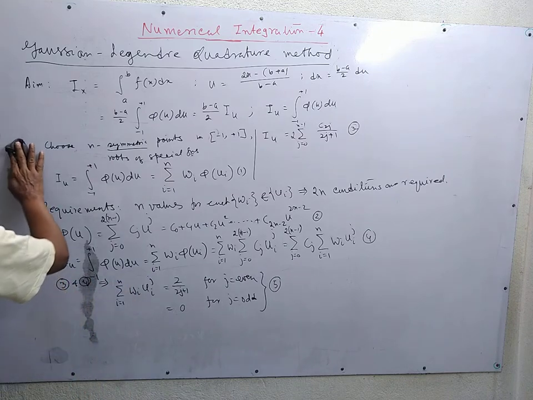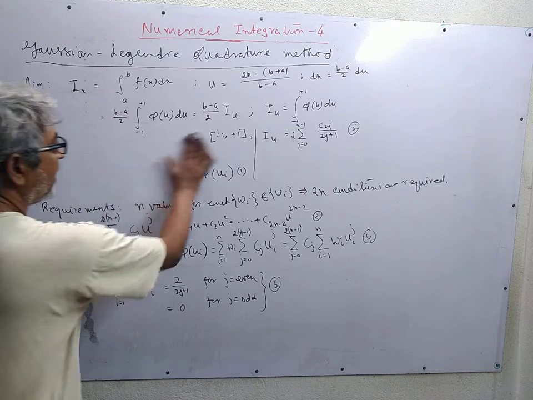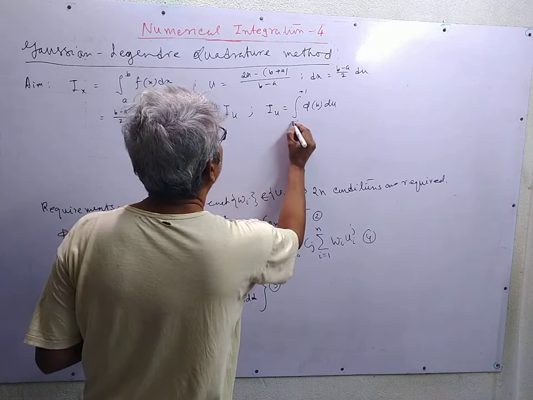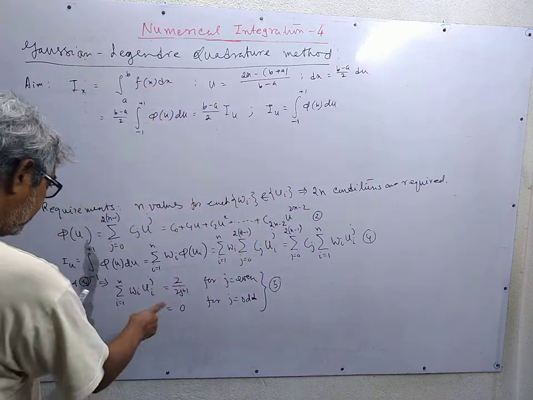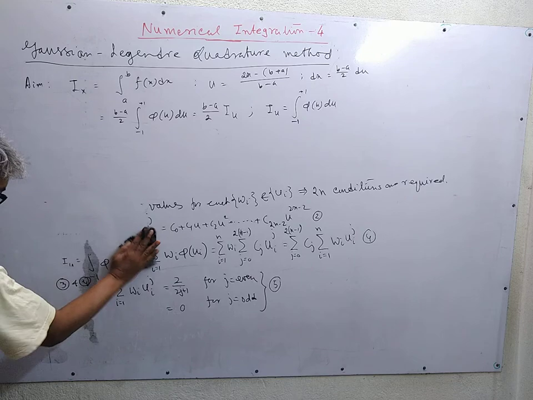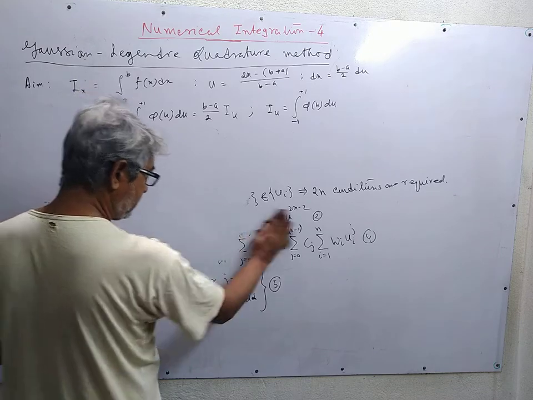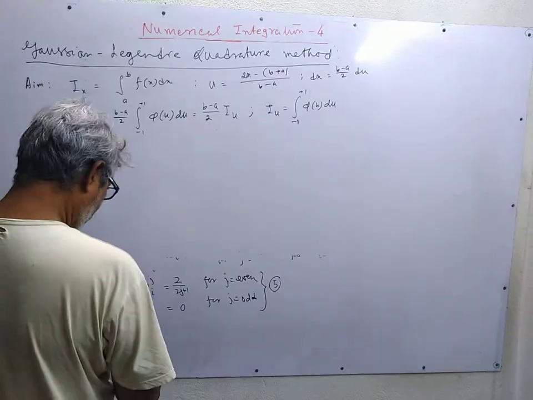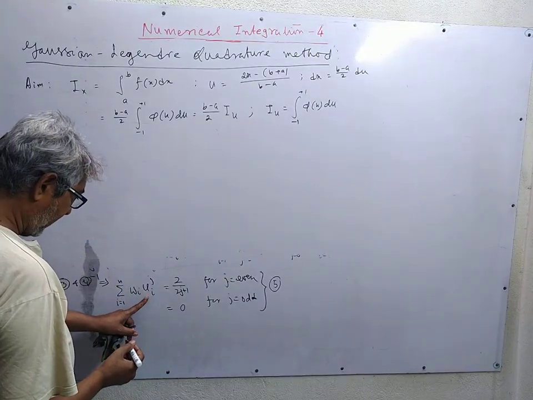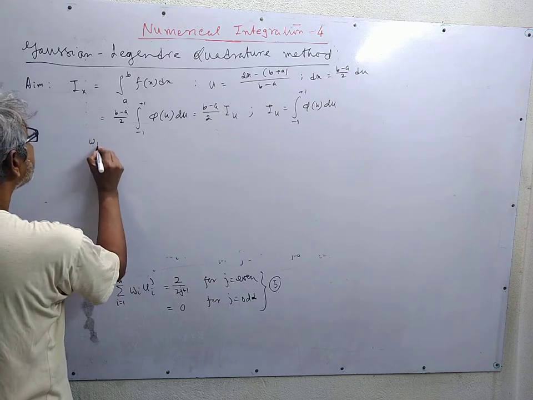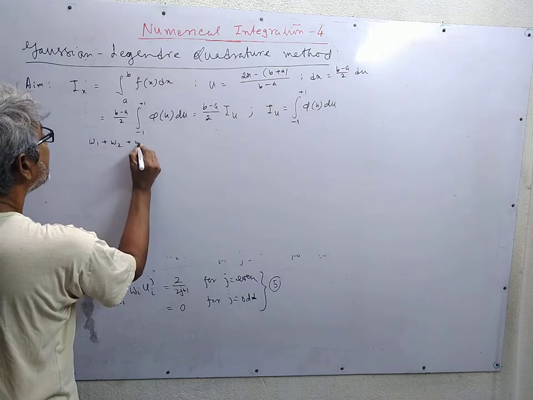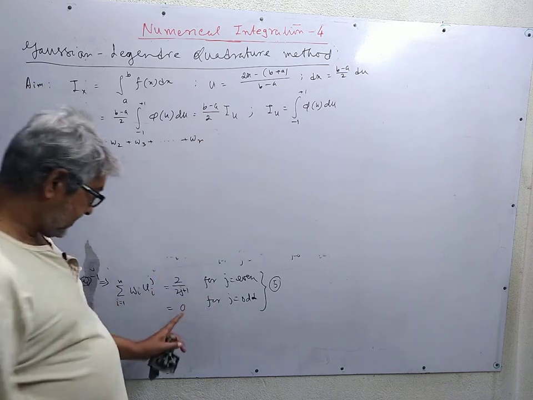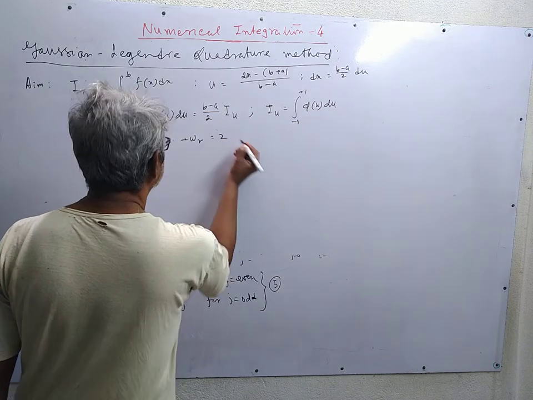So the symmetric points between the limits plus minus 1 are determined by this condition. We take j equal to 0. So we have w1 plus w2, w3, right up to wn, and since j is 0, this is 2.